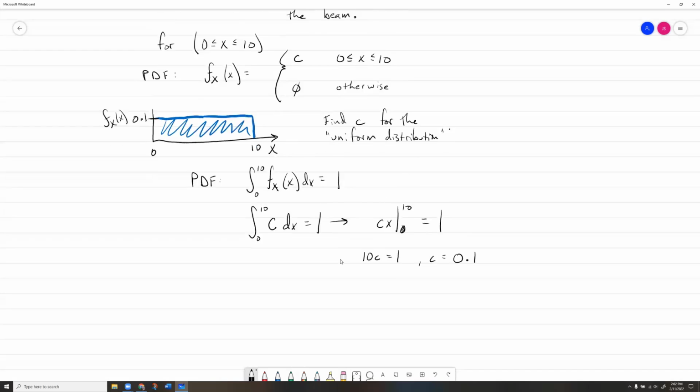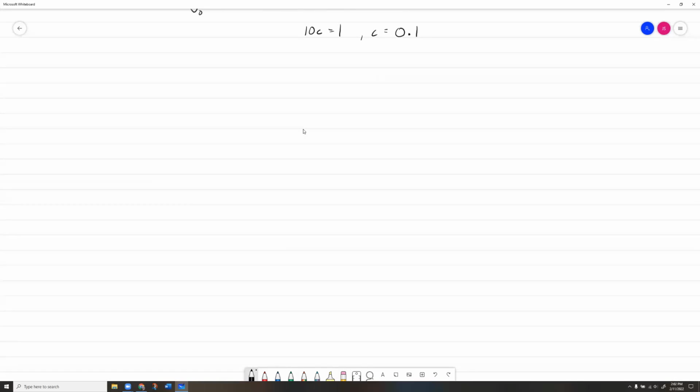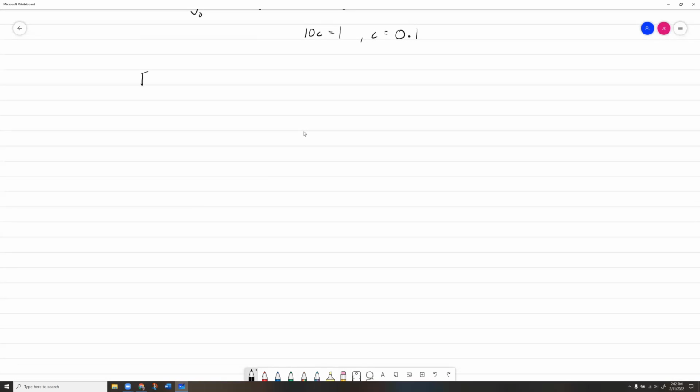The next thing we can do is find the CDF, the cumulative distribution function for that. We denote that as big F of x.